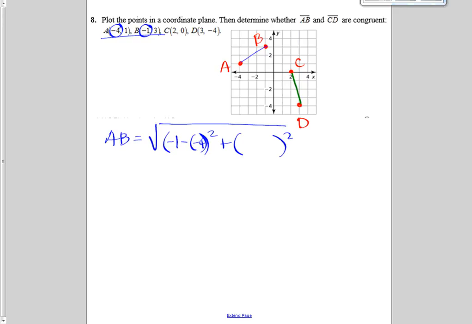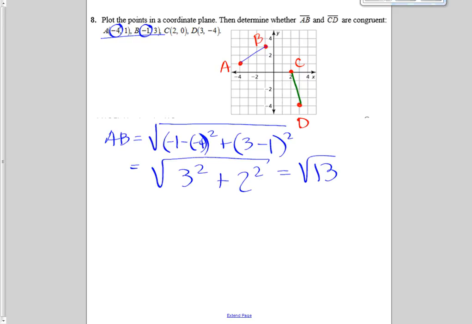And then y values are going to be 1 and 3, so I'll put 3 minus 1. And if I start putting this together, -1 plus 4, right? So that's 3. So this is going to be 3 squared plus 2 squared, the square root of 13.